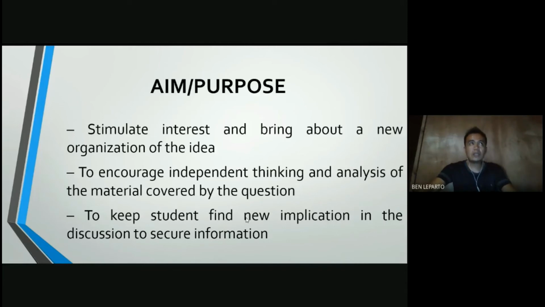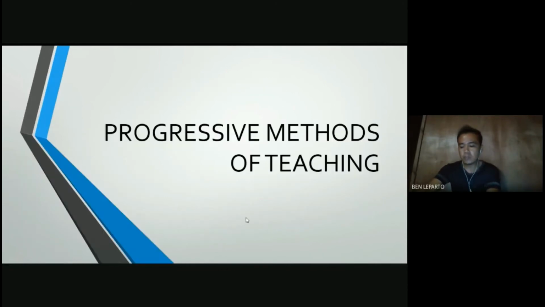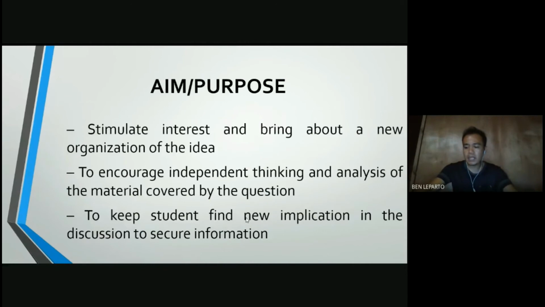In the question and answer method, it also encourages the higher-order thinking skills of the students, and it is vital in how they think and analyze the material covered by the question. There are points to be considered in framing and asking questions.